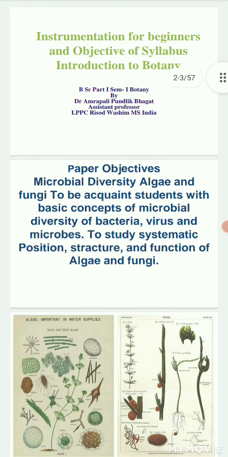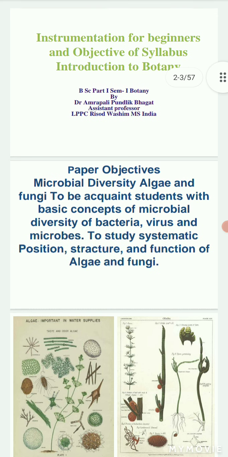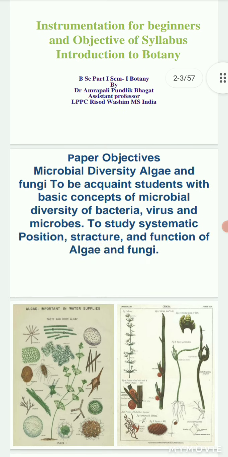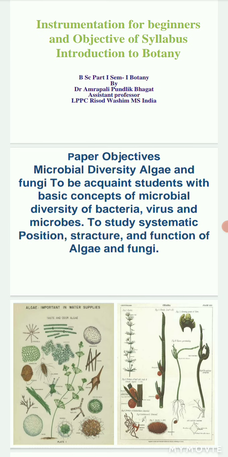So, today's topic is instrumentation for beginners and objective of syllabus. Within this semester 1 syllabus, this paper has many more things to understand. Within that, the microbial diversity, algae and fungi, to acquaint students with basic concepts of microbial diversity of bacteria, viruses and other microbes.